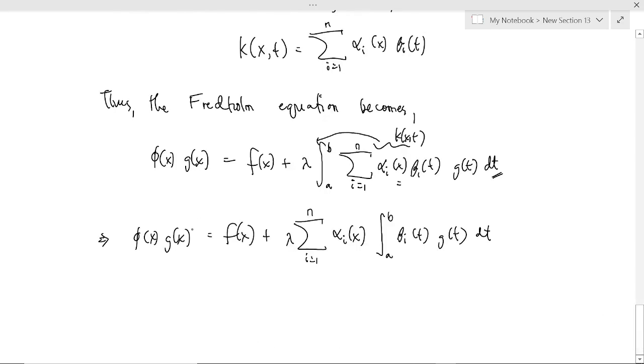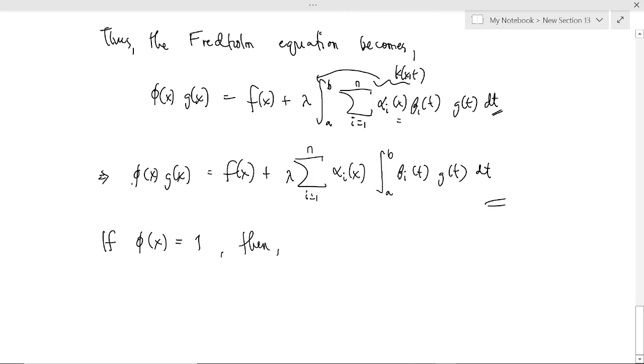Now if phi of x is equal to 1, what happens is that, of course, this would be equal to 1, so we just have to cross this out.